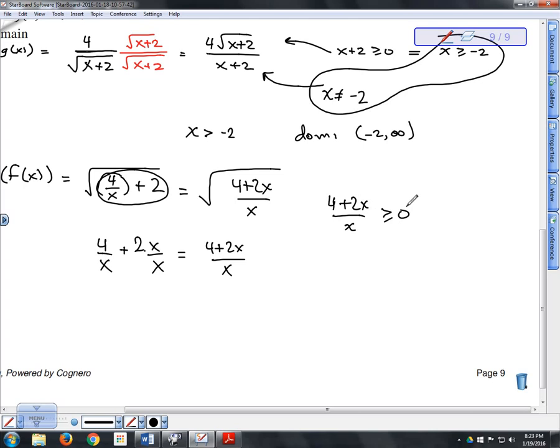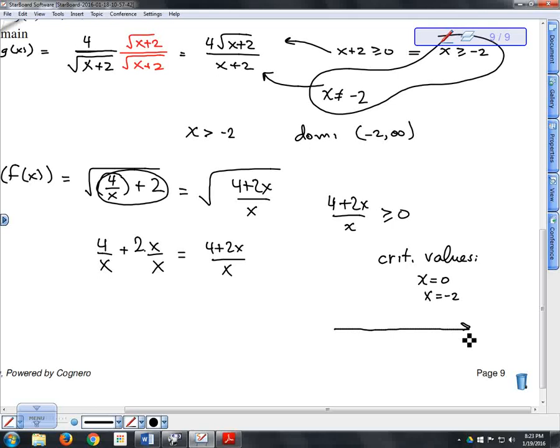Once that's done, you need to find what are called the critical values. The critical values are numbers that make the numerator equal 0 and the denominator equal 0. So critical values, the denominator is going to equal 0 when x equals 0. The numerator is going to equal 0 when x equals negative 2.